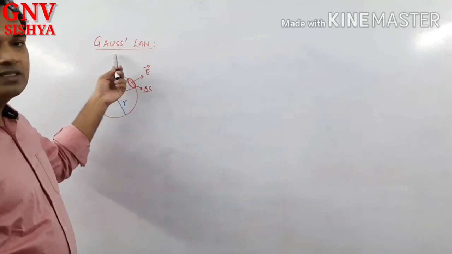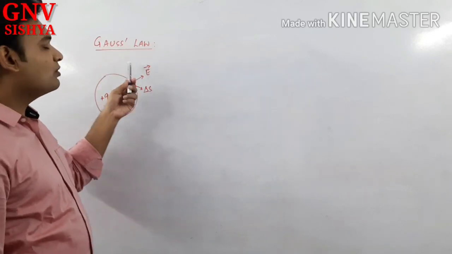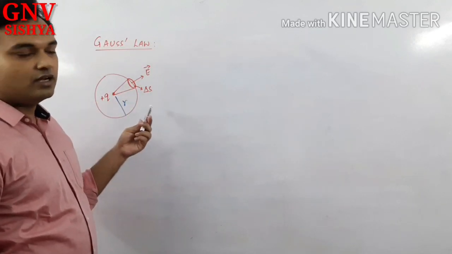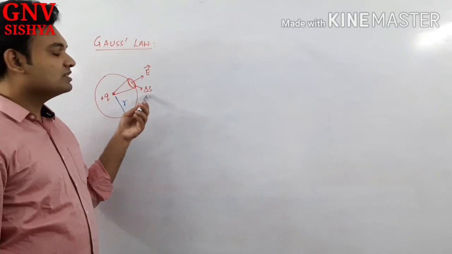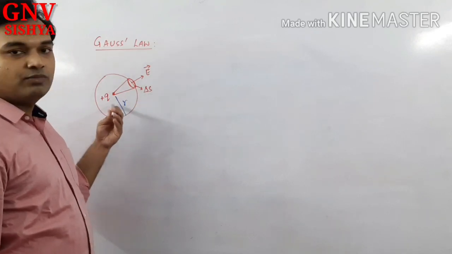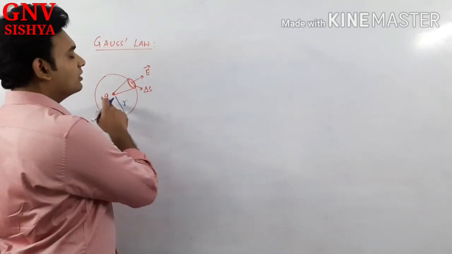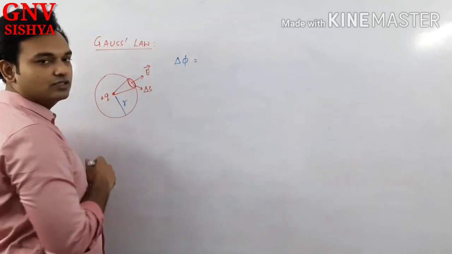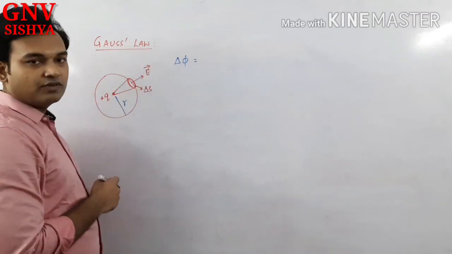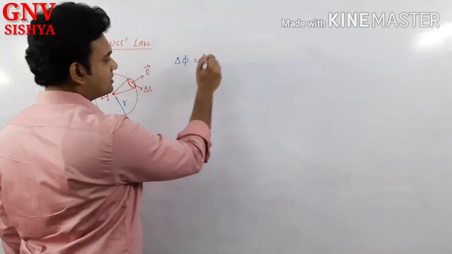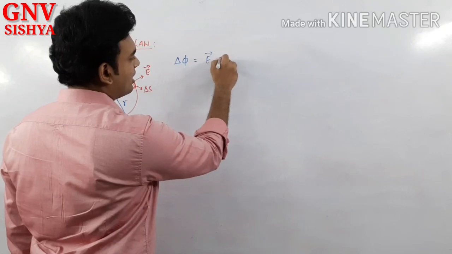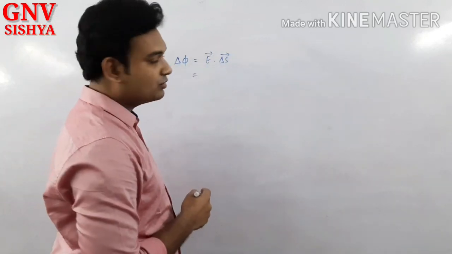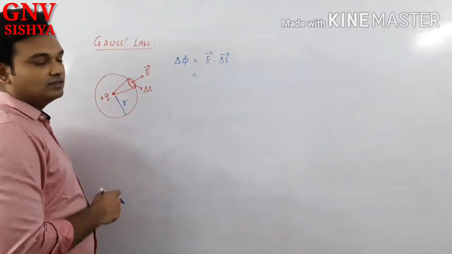Now Gauss law is a law which is going to tell us about the electric flux. So using this we are going to calculate the electric flux through this area del S due to the charge plus q. So the flux we can calculate as del phi, because it is through area del S. Now flux will be equal to E vector dot del S vector, the dot product of electric field and the surface area.